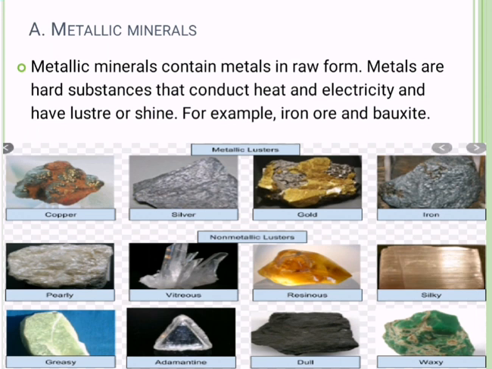So the minerals which contain metal are called metallic minerals. For example, iron, gold, silver, brass or bronze, or all types of metals are examples of metallic minerals.